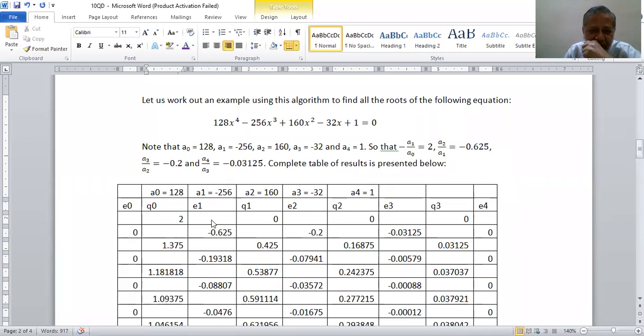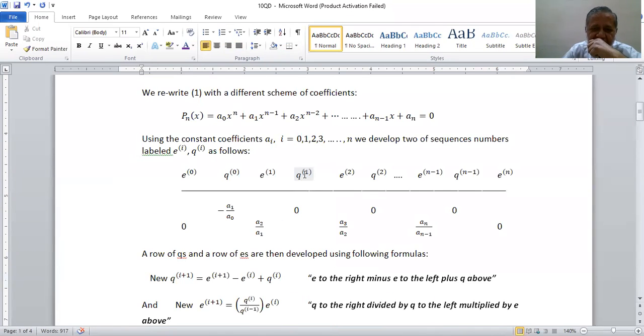So the first row of Q and the first row of E are directly developed using the coefficients of unknowns in the given polynomial equation, the way I had described. Whereas the rest of the rows are developed in a different way that I told you in this algorithm.